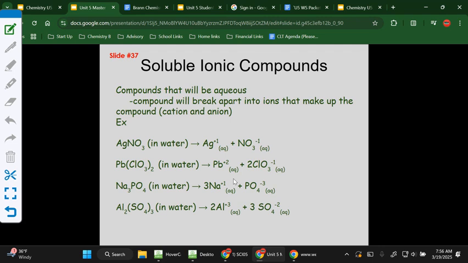That means that the exception is that this will be aqueous in water. It will break apart into the ions that make it up. Now, notice the 3 by the Na comes out in front, so that we have 3 Nas balancing off this one PO4 group that is a -3 charge. Does anyone have any questions?